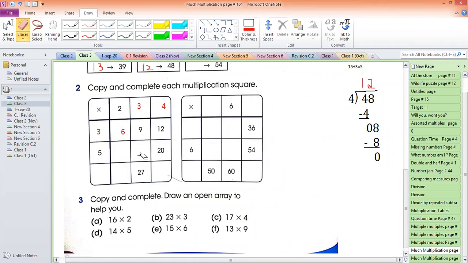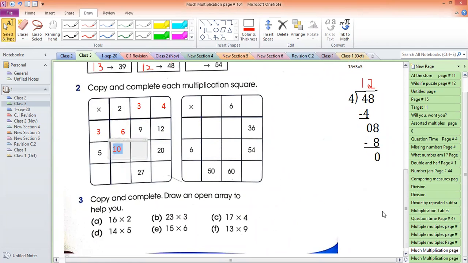So what you are going to do, you are going to multiply this 5 by this 2. 5 multiplied by 2 equals 10, so you will write here 10.